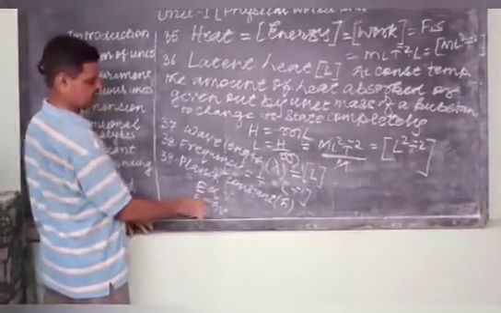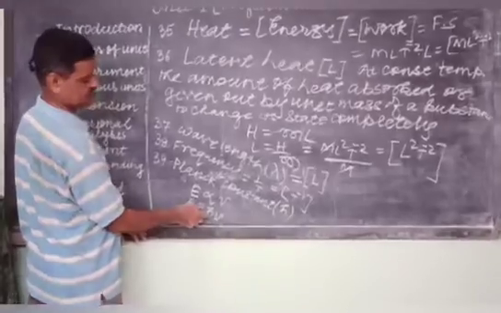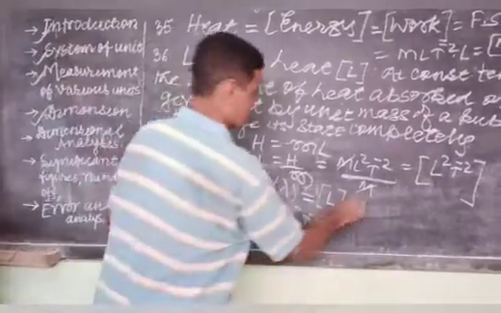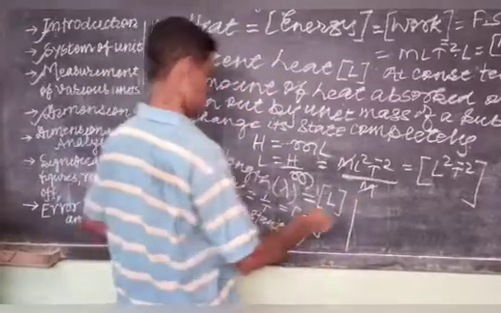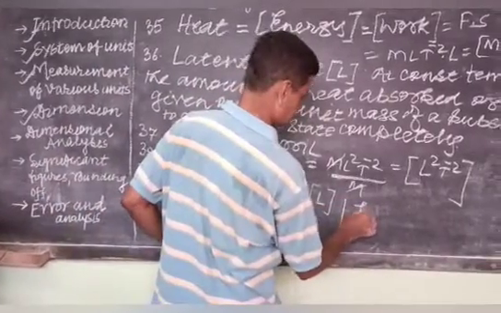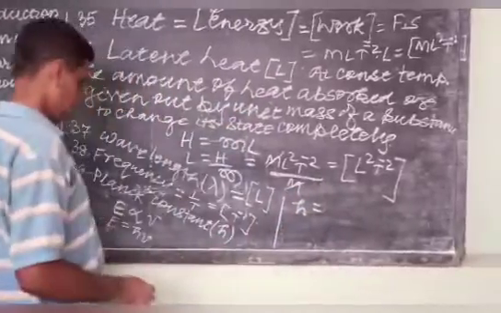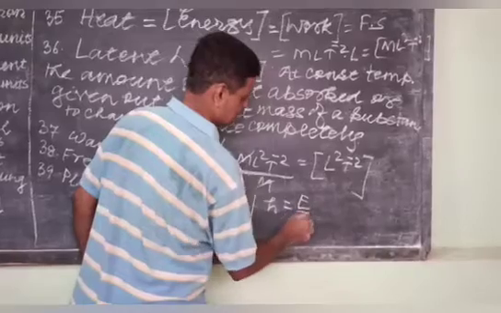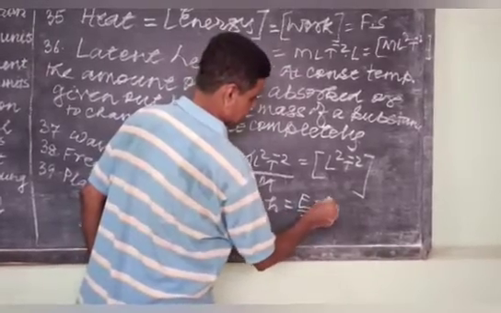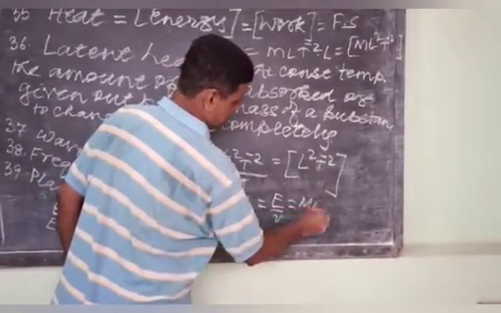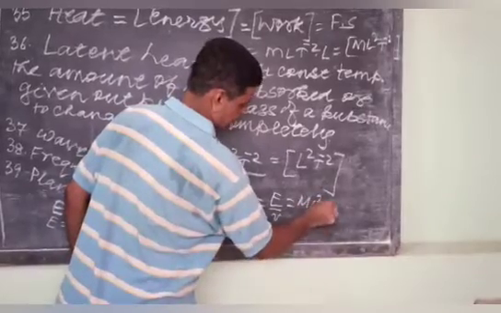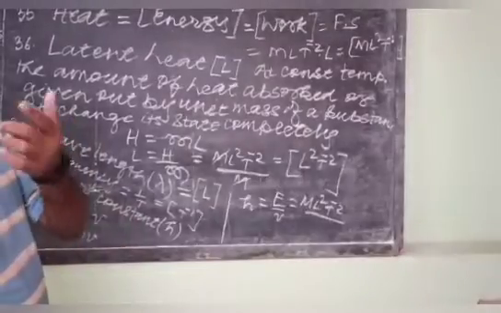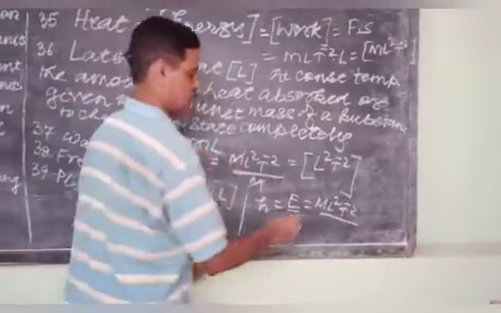So the dimension of h must be equal to E by nu. Here I am writing h is equal to E by nu. E for energy, m L square t to the power minus 2, divided by nu, which is frequency, t to the power minus 1.